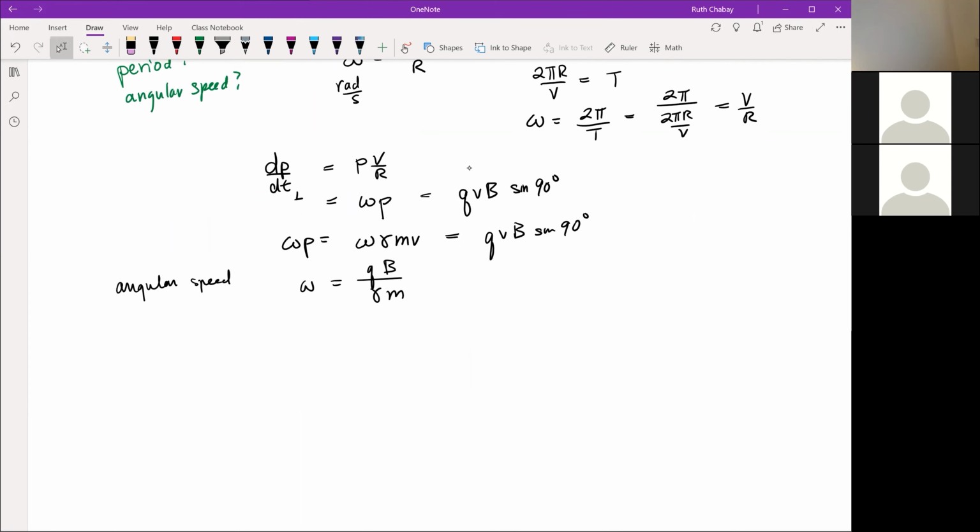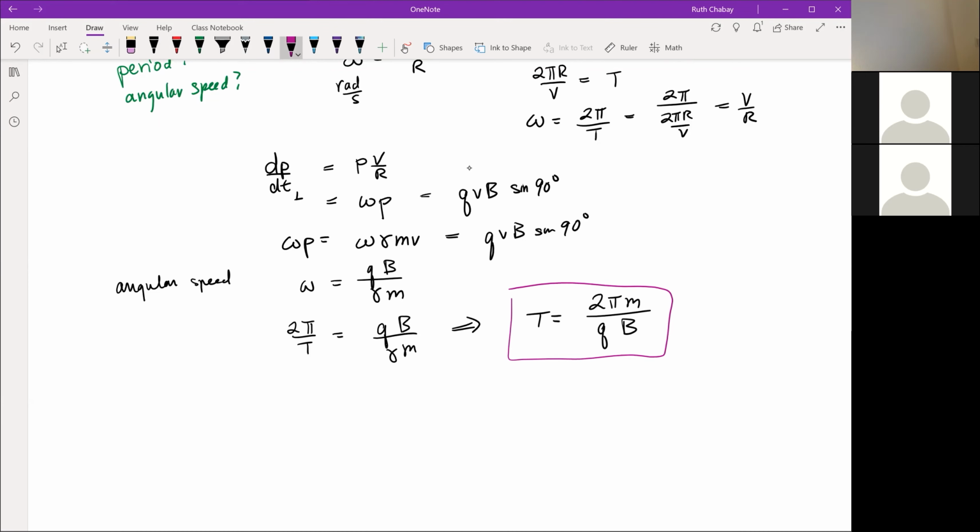The period: 2 pi over the period is qB over gamma m. And so the period ends up being 2 pi gamma m over the charge times the magnetic field. Now, what's interesting in both of these results is to notice what it doesn't depend on.